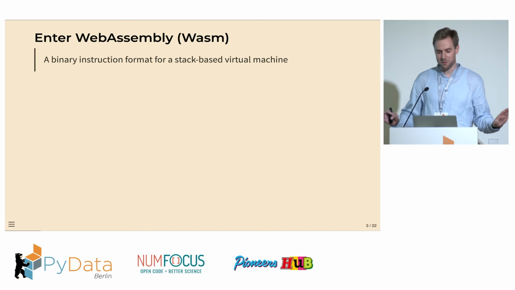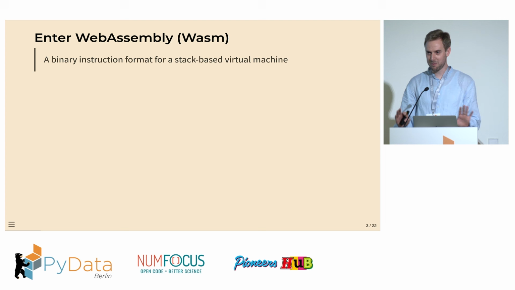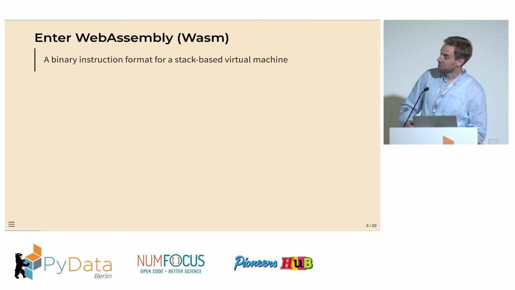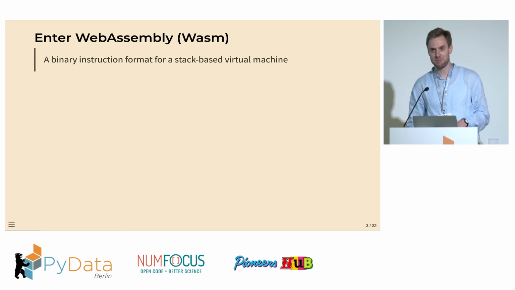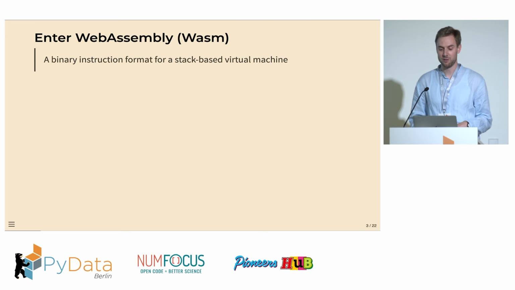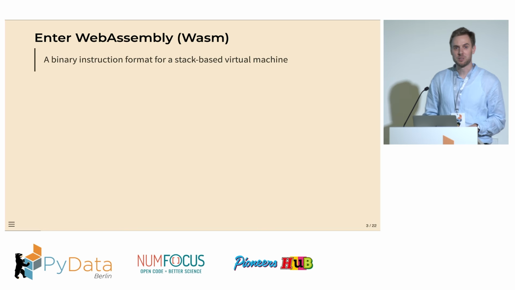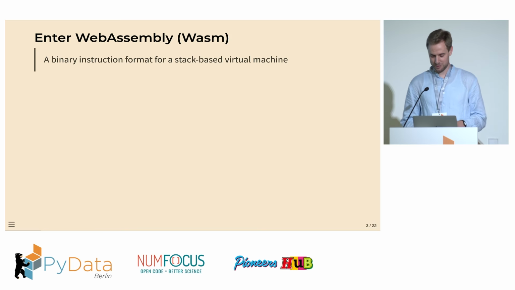Let's start with WebAssembly. Maybe some of you have heard about it before. It gives an obscure definition of WebAssembly on the website. It says it's a binary instruction format for a stack-based virtual machine. So I don't have a computer science background, so I have no idea what this means.